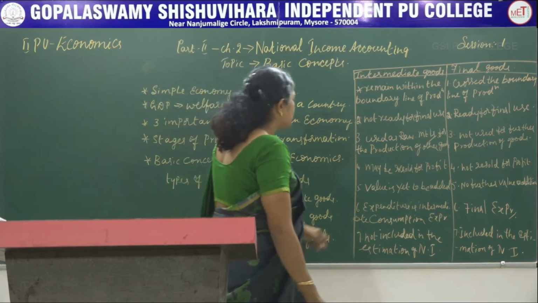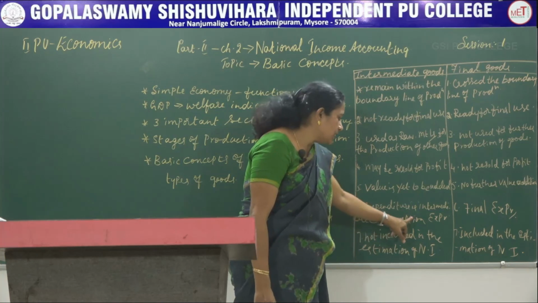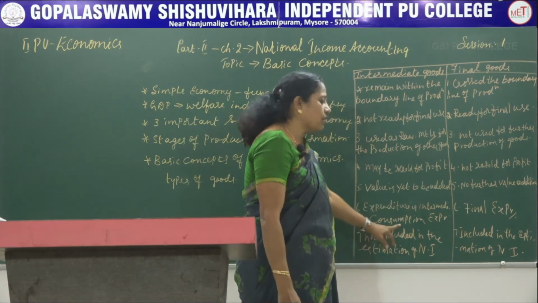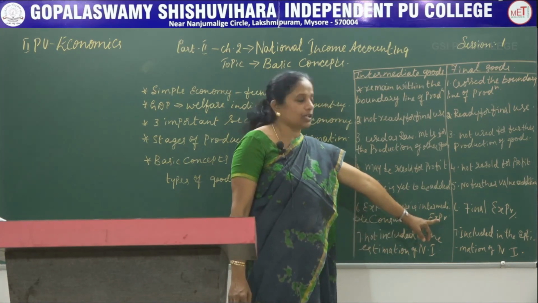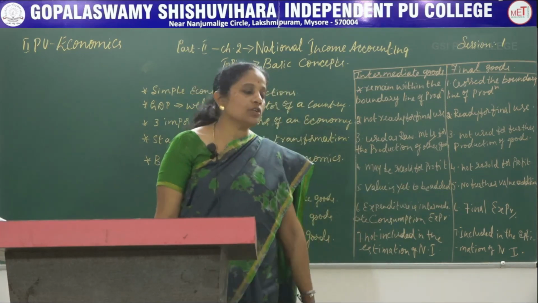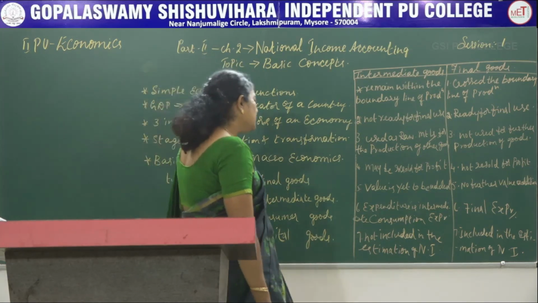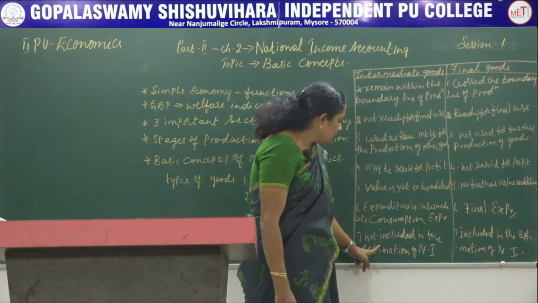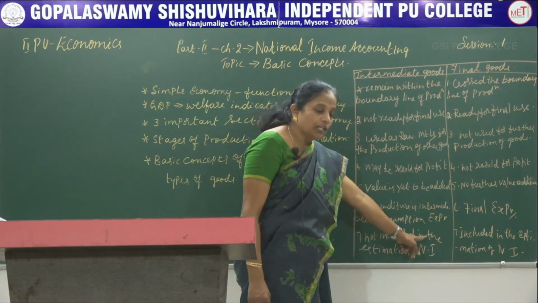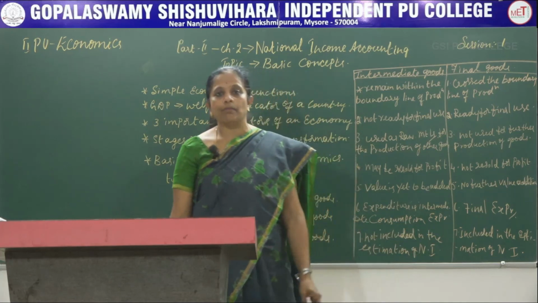The sixth difference: the expenditure made on intermediate goods is called consumption expenditure, whereas the expenditure made in the preparation of final goods is called final expenditure. The next one is that intermediate goods are not included in the estimation of national income.